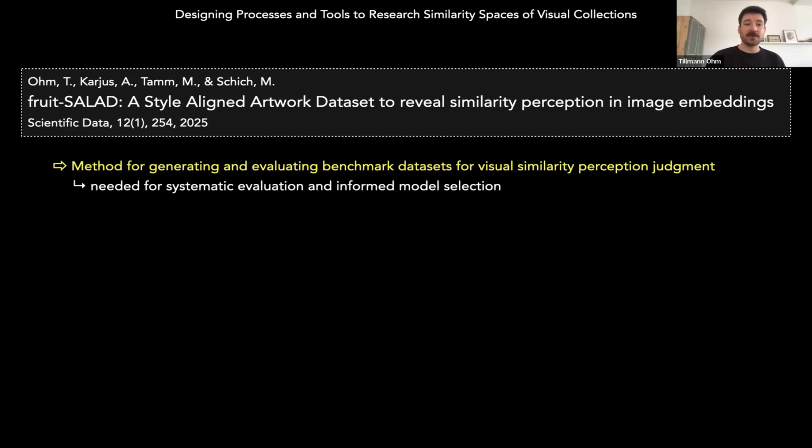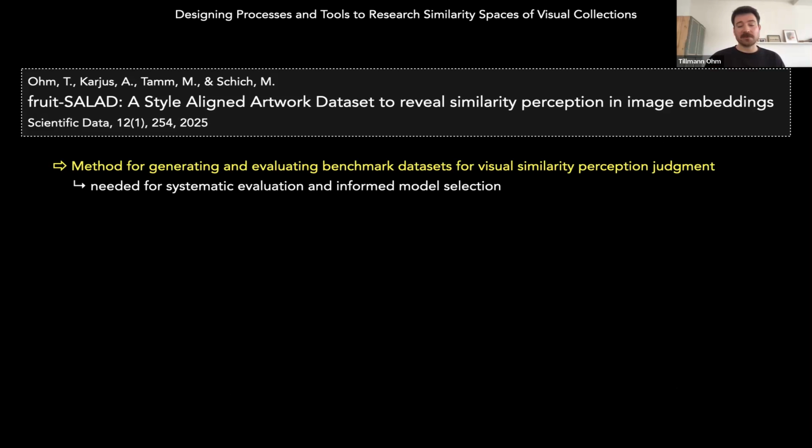It's a method for generating and evaluating benchmark datasets that help us understand how models perceive visual similarity and where the biases lie. This is important and needed because we currently lack solid tools for evaluating and choosing the right models for similarity-based research.